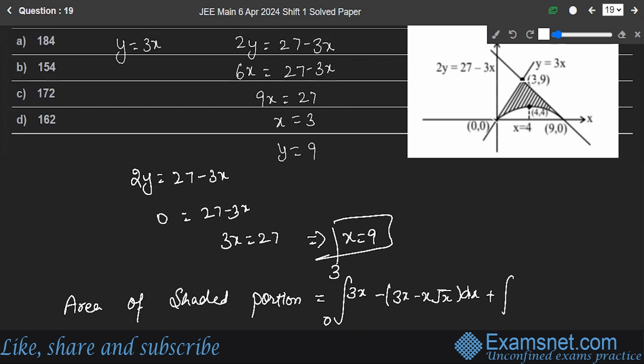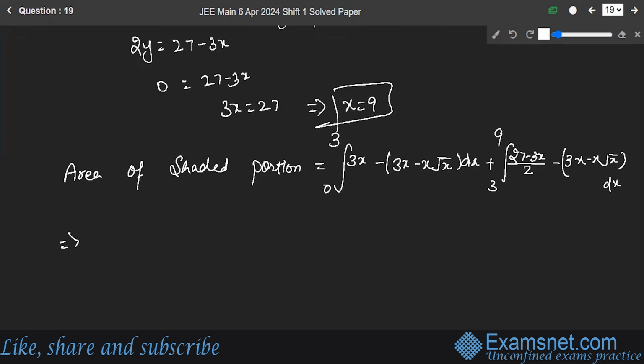And I'll be adding from 3 to 9, this (27 minus 3x) upon 2 minus (3x minus x root x) dx. Right? Till here, it was something to think of. Rest is you just have to solve the integral. Now we are on an easy journey.